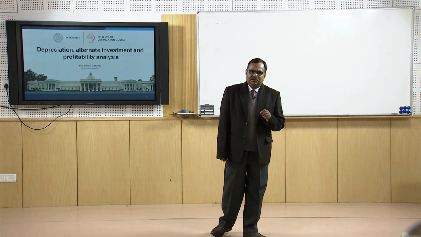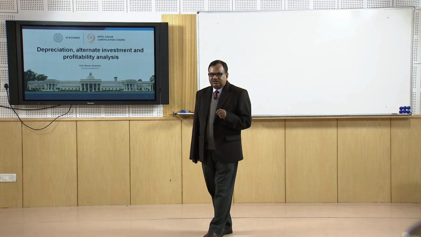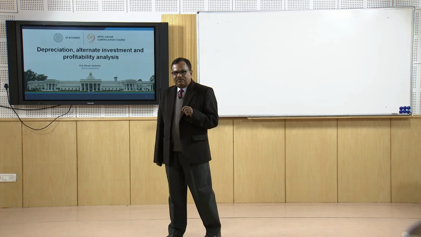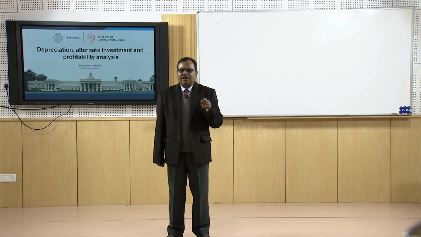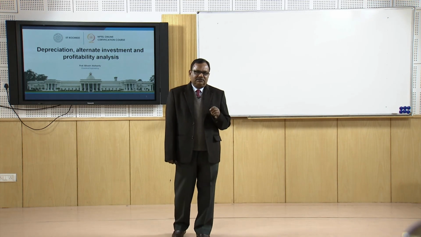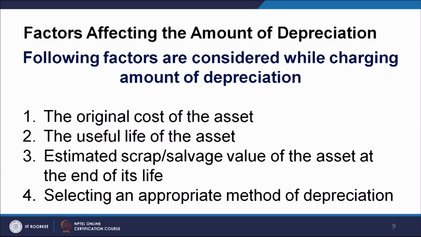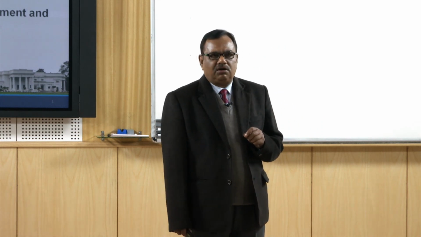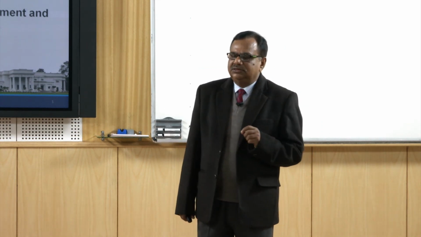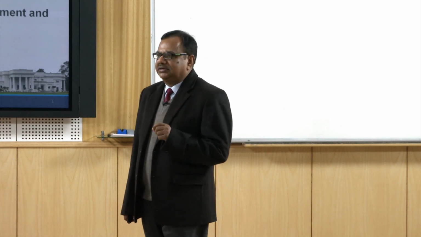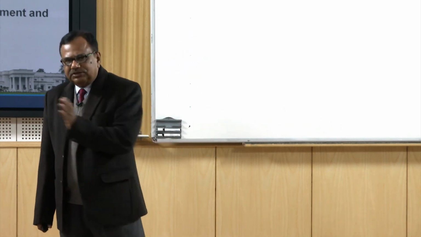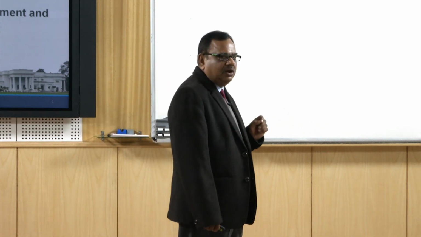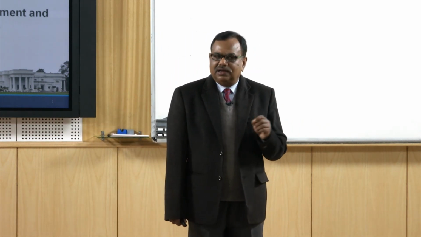So, the initial or original cost of the asset finds a place in the calculation of depreciation. The second is the useful life of the asset, because depreciation spreads the depreciable cost across the useful life of the asset, and hence the useful life is another parameter.